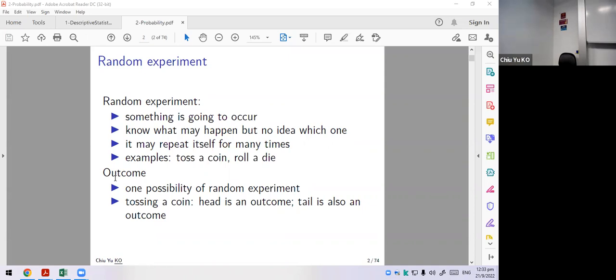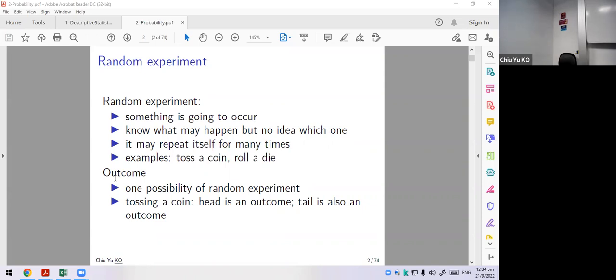Just to talk about some philosophy behind random experiments as a side note. Some of you may have studied physics or have an idea of what we call a deterministic philosophy about the world. You would think everything is deterministic. When you toss a coin, if we know how much force you apply, the weight, and the direction in which you hit the coin, then you already know whether the coin ends up head or tail.